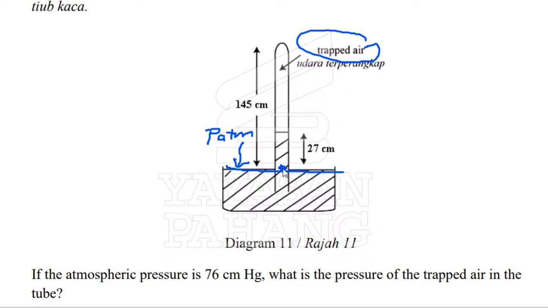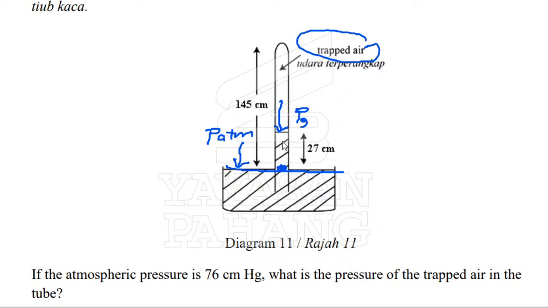So pressure here will be the same as the P atm. And then you see up here you have trapped air. So it means that gas, trapped air, the pressure of the gas, which is for this trapped air, will be acting downward. So this is P trapped air. I put PG, not to confuse you, PG.